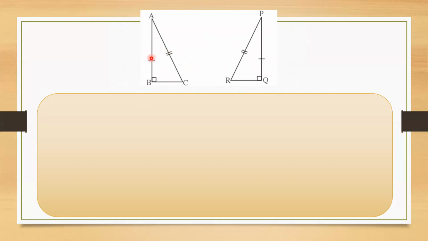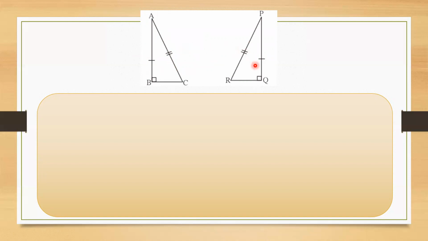Okay, why is it called the hypotenuse side test? Why not the right angle side test? Because whenever both triangles have right angles, definitely their hypotenuses are going to be equal. Automatically they become equal, because the side opposite the 90-degree angle becomes equal.